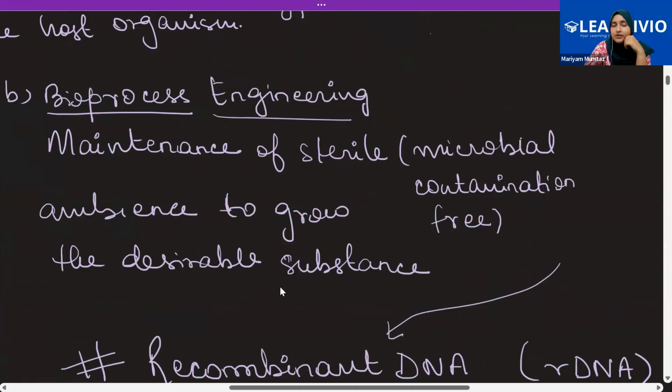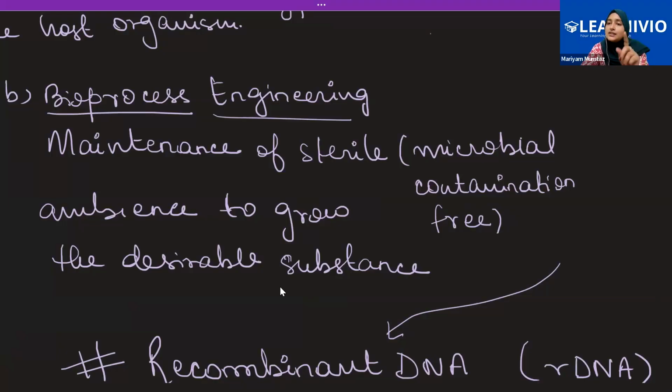The second principle of biotechnology is bioprocess engineering. While you are handling some organism's DNA and putting it into the host to make any kind of product, you have to be very careful that no contamination occurs.